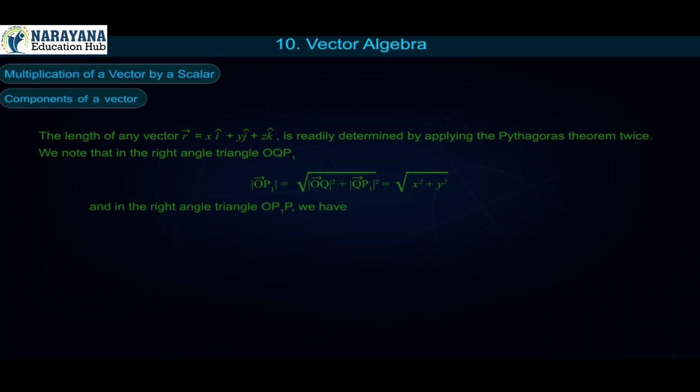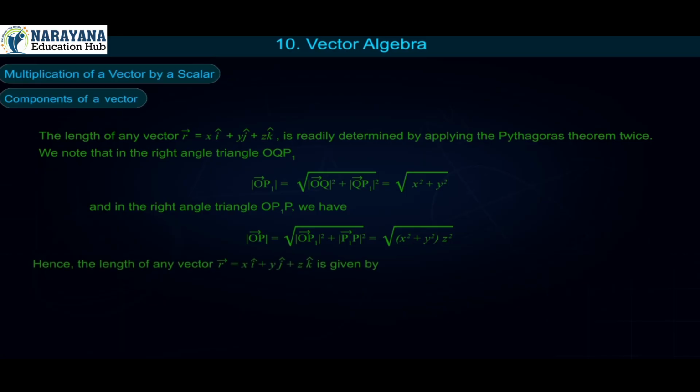And in the right angle triangle OP1P, we have modulus of vector OP is equal to square root of modulus of vector OP1 whole square plus modulus of vector P1P whole square, which is equal to square root of x square plus y square plus z square.